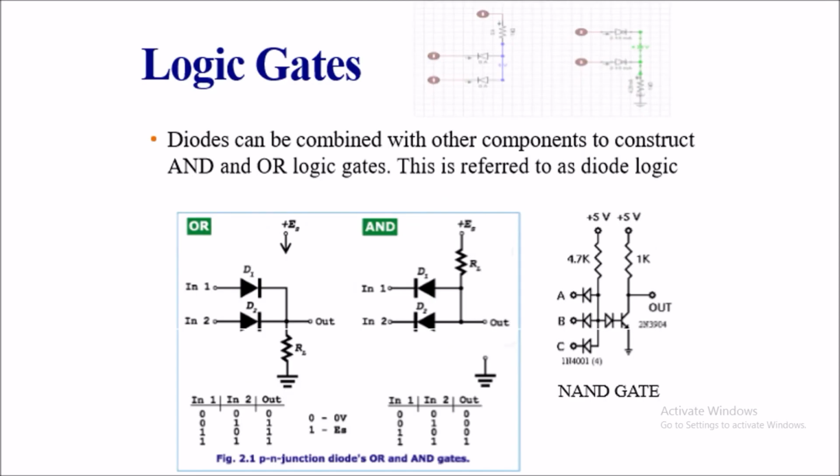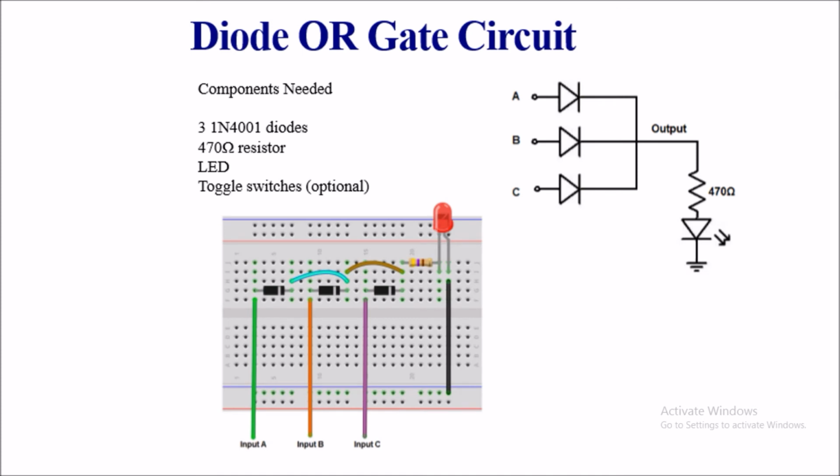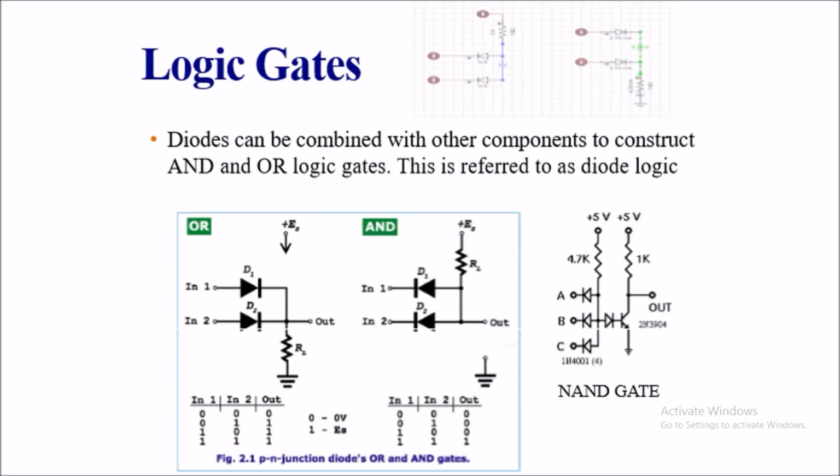And here also the AND gate and the right hand diode OR gate circuit. Here we have three inputs, the same as here.